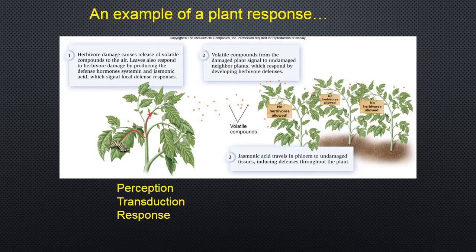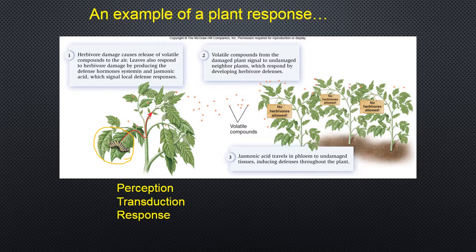So let's take a look at an example of a plant response. Let's start with an herbivore causing damage to a particular plant. So this lovely caterpillar over here on the left, there is our biotic stimulus. Once that happens, the herbivore damage causes a release of what we call volatile compounds.